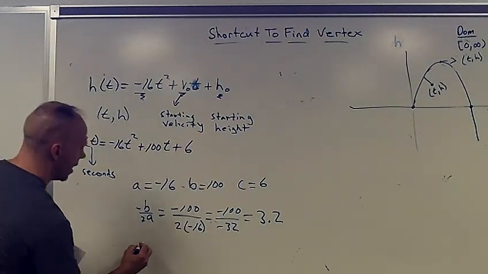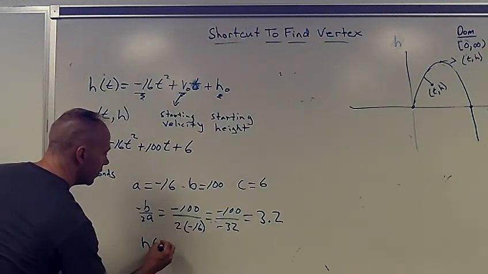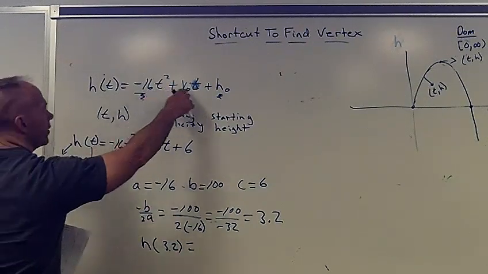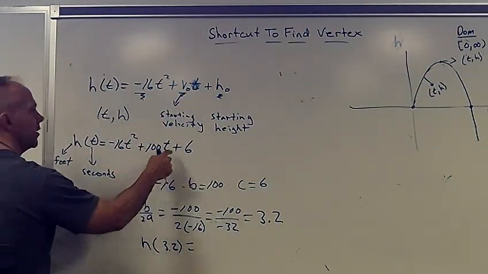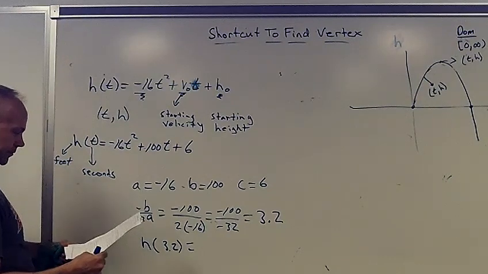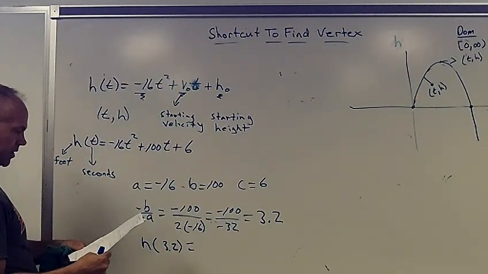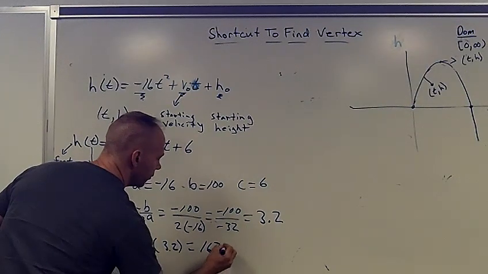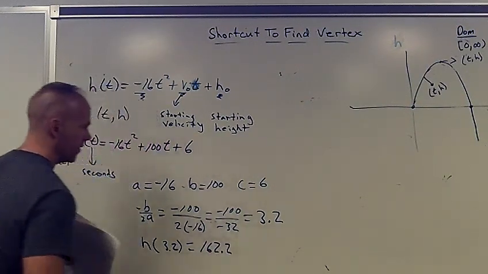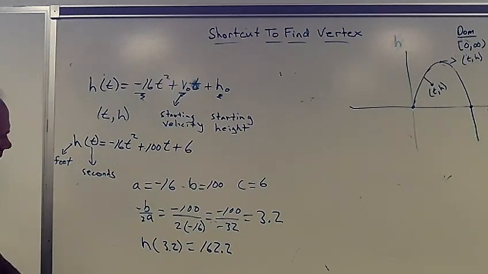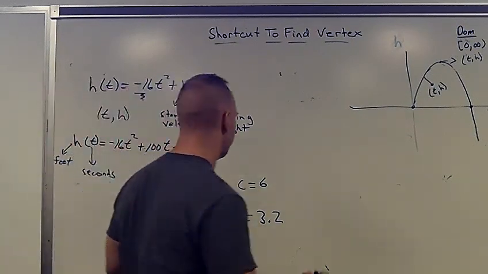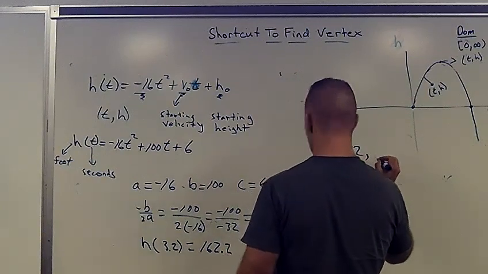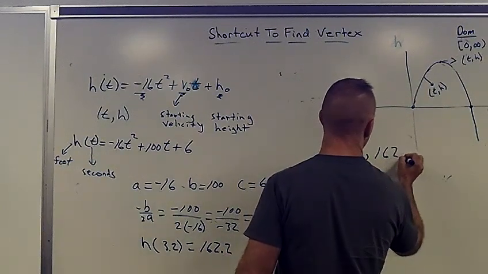So I'm just going to write h of 3.2, and I plug that in here and here, and crunch that out, and it crunches out to be about 162.2. And let's see, what does this mean? That means my vertex is (3.2, 162.2).